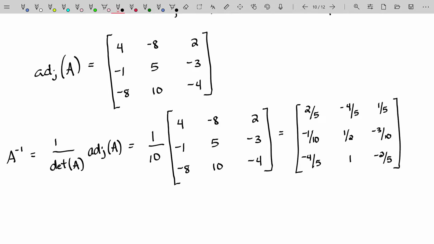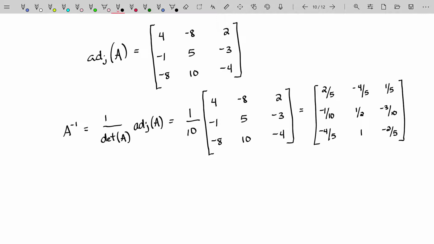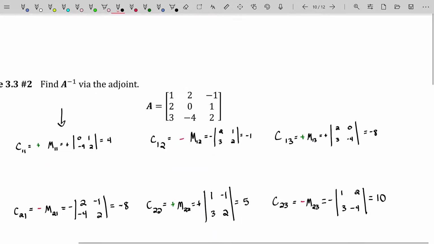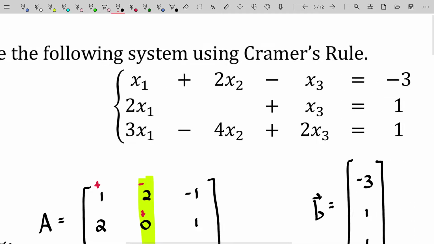Although, honestly, I would probably have left the 1/10 on the outside. You can double check that this is actually A inverse because we have already solved a system with this as the coefficient matrix, this being this A right here. The system we solved was this system right here.